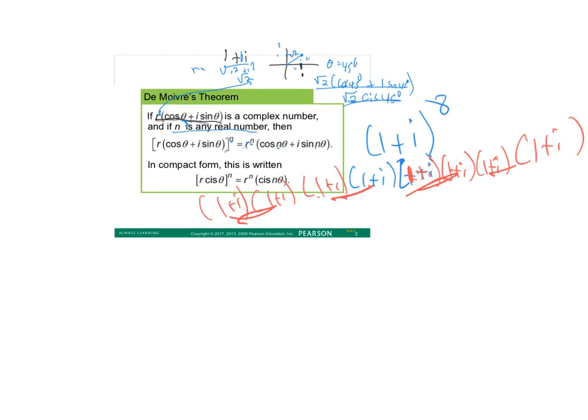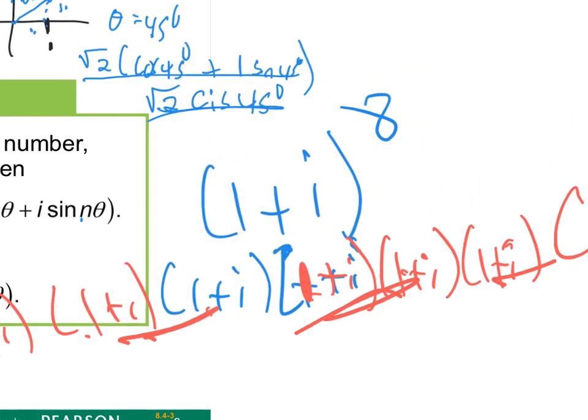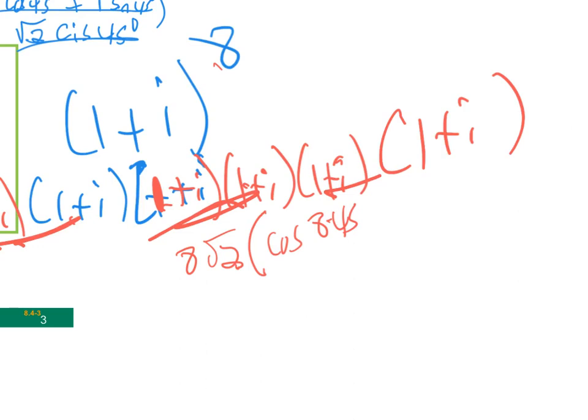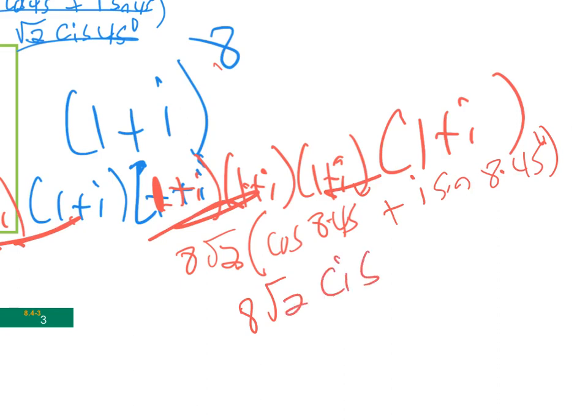It's so much easier just saying the answer is going to be the 8th power of square root of 2 times cosine of 8 times 45 plus i sine of 8 times 45, or simply 8th power of square root of 2 cis of 8 times 45 degrees.